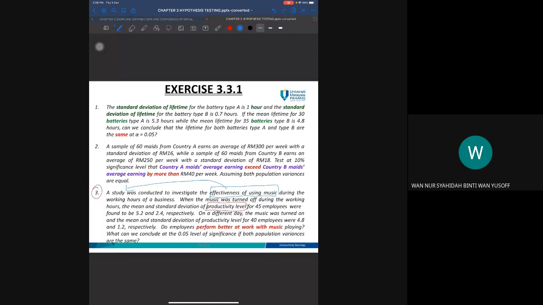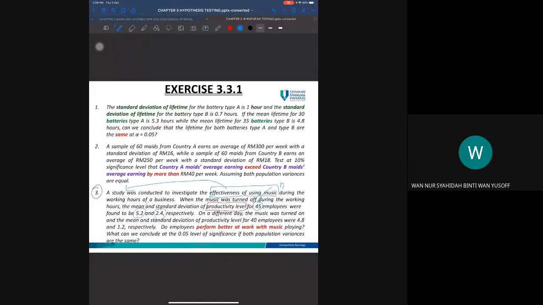When the music was turned on, the mean and standard deviation of the productivity level for 45 employees were found to be 5.2 and 2.4. So 45 here, why is that? Okay, and then we have 5.2 and 2.4.